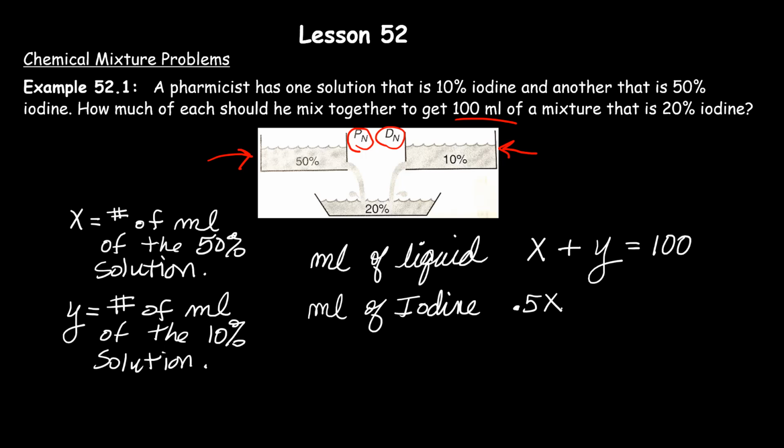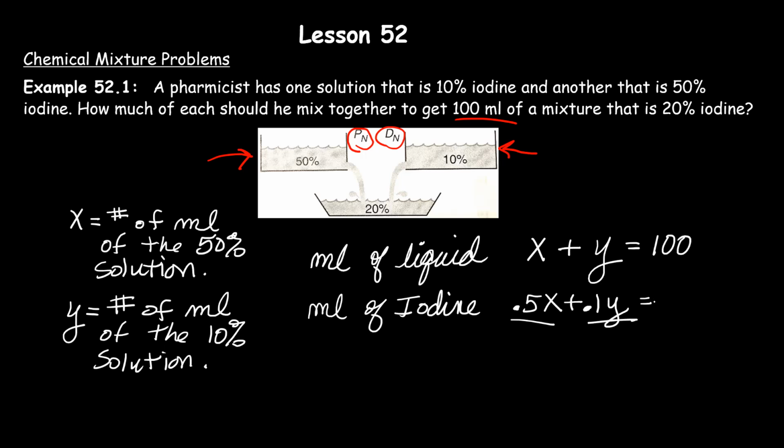That's all iodine. And then the second, I've got y milliliters of the 10% solution, which means that 0.1 of those milliliters will be iodine. So I've got iodine coming from the first bucket right here, and the iodine coming from the second bucket right here.